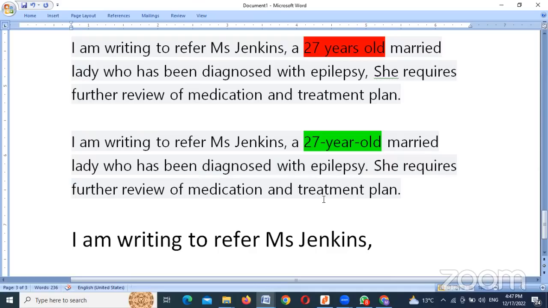You are the GP, you are the nurse at the GP clinic. There is a doctor in the GP clinic. So maybe you are yourself a doctor there or you are a nurse there. But she has been diagnosed with epilepsy, but why do you want a review of medication? Why?